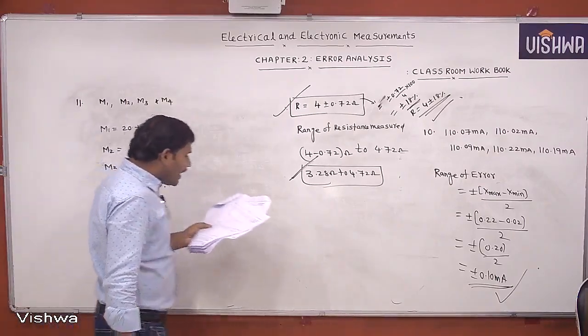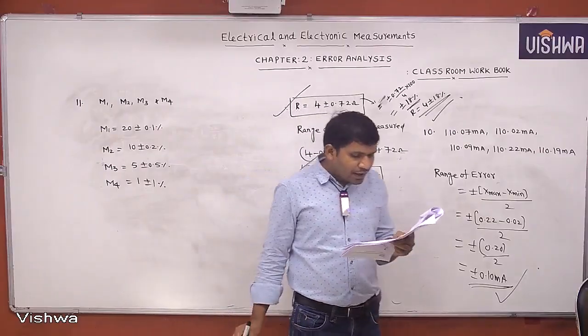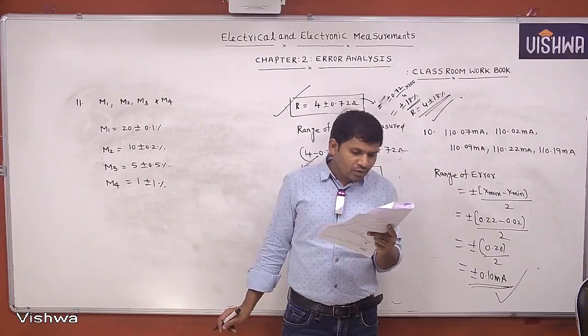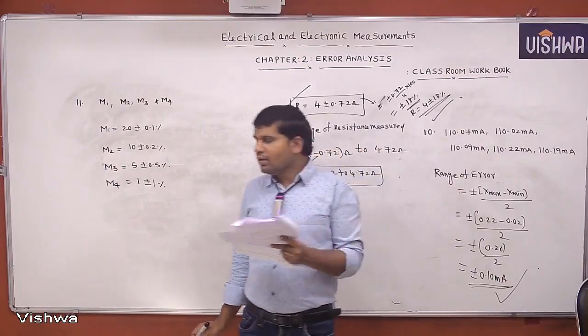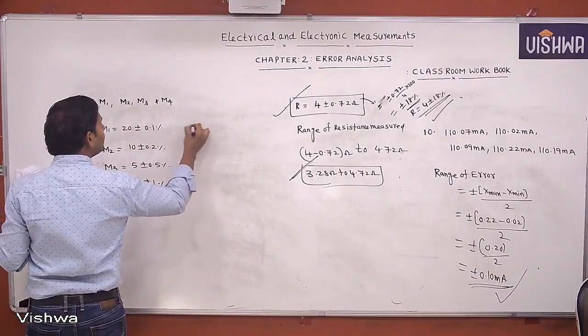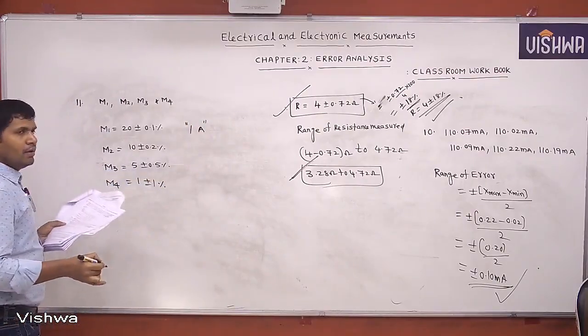A current of 1 ampere is to be measured. To obtain minimum error in the reading, one should select which meter? We are measuring 1 ampere of current.